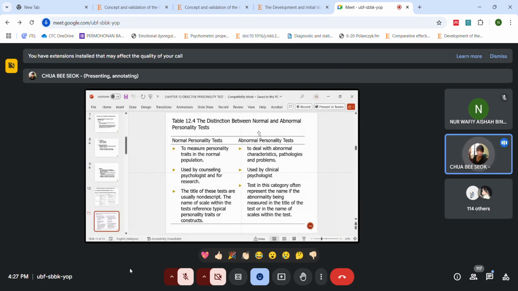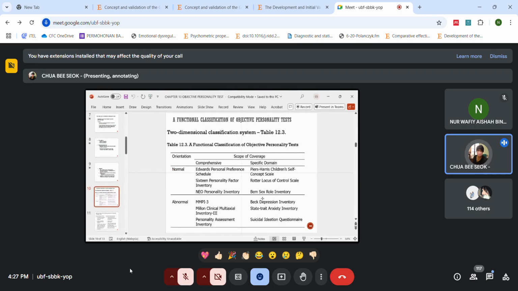But abnormal personality tests are used by clinical psychologists. Tests in this category often represent the name of the abnormality being measured. Like the example here, the Beck Depression Inventory.